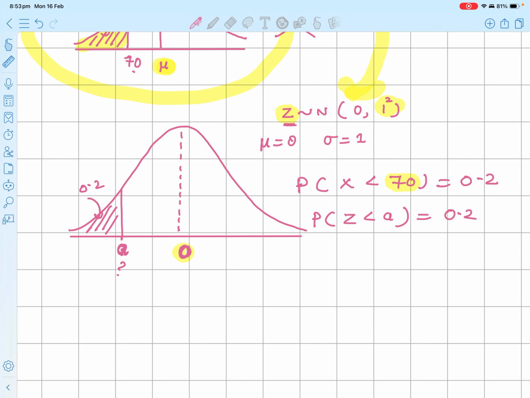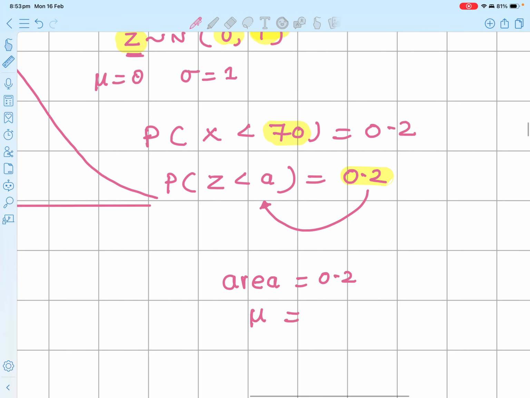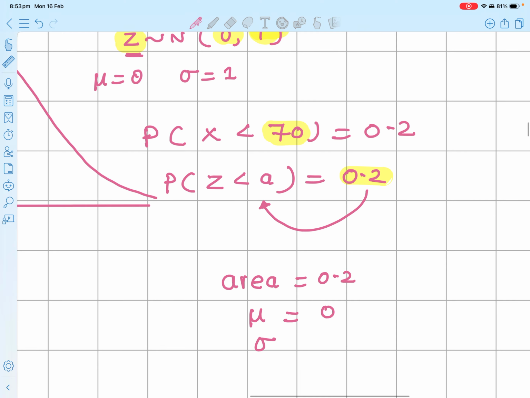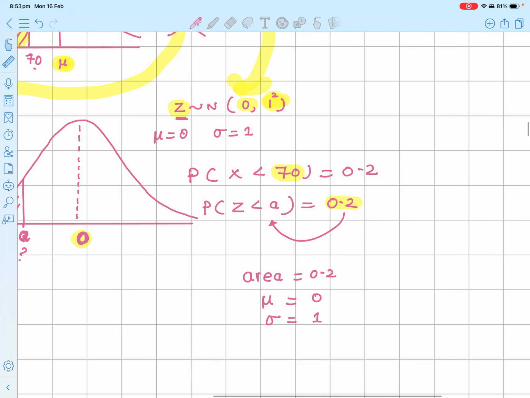But what I know is, I know mu, I know sigma, I know this. Can I use inverse normal to figure out what A is? So in the area, just put 0.2. In the mu section, put 0. In the sigma section, put 1. Be careful, the sigma and the mu are the other way around in the calculator.